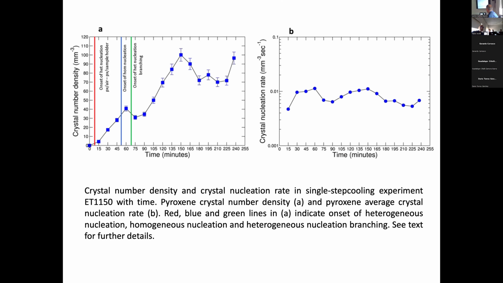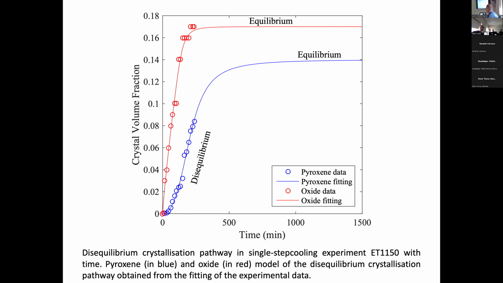And here we didn't reach the equilibrium for pyroxene. You can see in this diagram the crystal volume fraction versus time for the pyroxene and the oxide. The dots are the data obtained from our experiments, and the line is the calculation with MELTS.